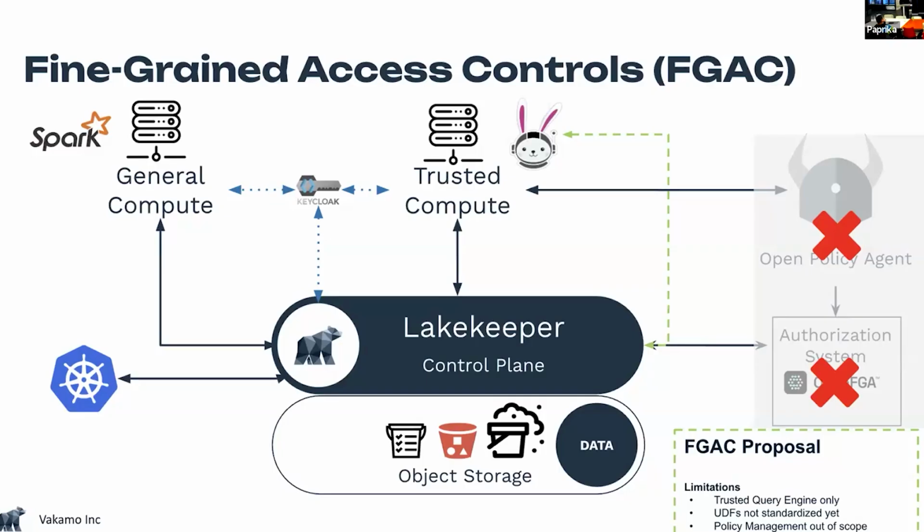And that proposal does not have any FGAC policy management, which means we are going towards, okay, now I can kind of deal with identities, but what about the policies? We heard something about Lake Formation, not the best way. Polaris has its own policies. We're trying to play around with open source policies, so there is no standard yet.